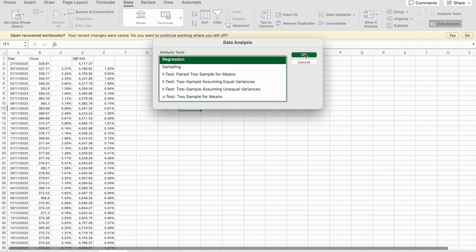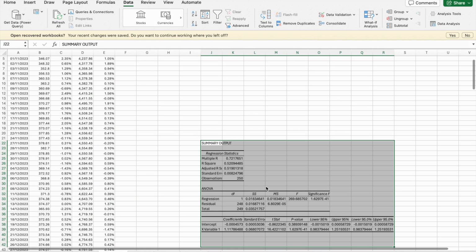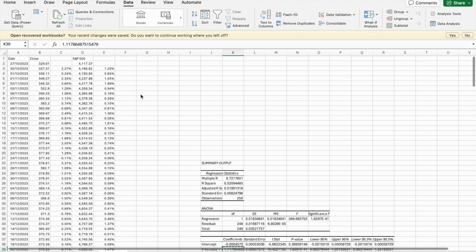Regression. Okay, simply select the data. Excel is automatically taking the data as I have already put in the first sheet, so it's automatically taking it, which is quite good and interesting as well. So 1.1 something for the Microsoft.